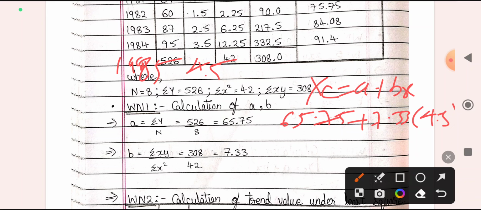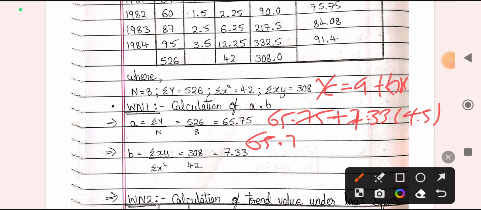So the value will become 65.75 plus 32.99.